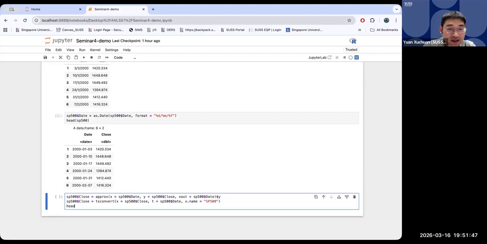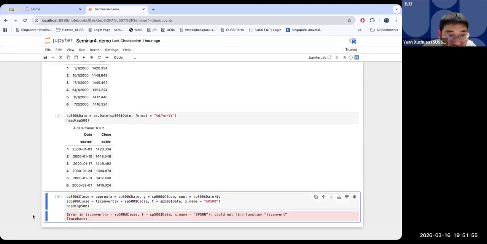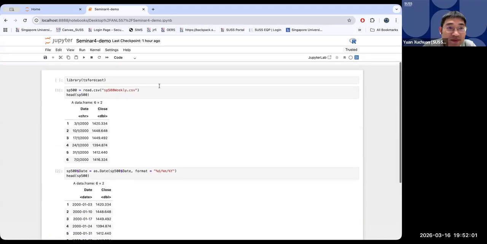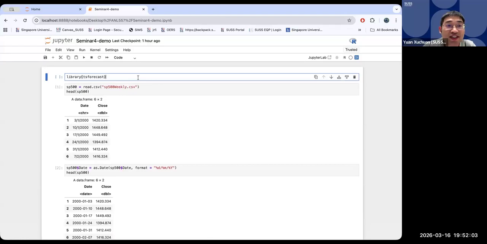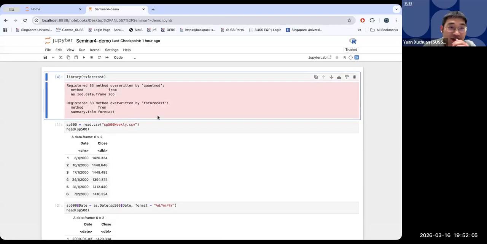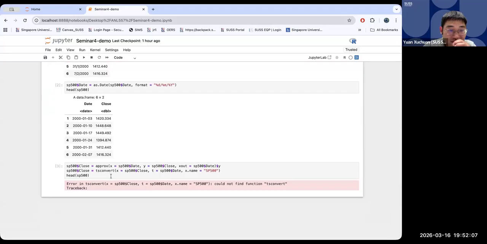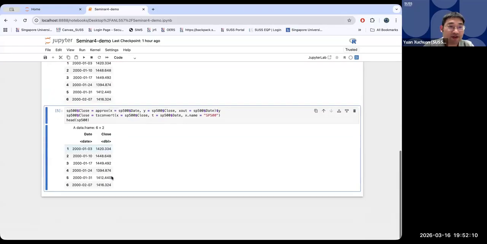Let's look at this data. Oh, ts convert cannot find the function, maybe because we didn't load the tsforecast package. All right, great.